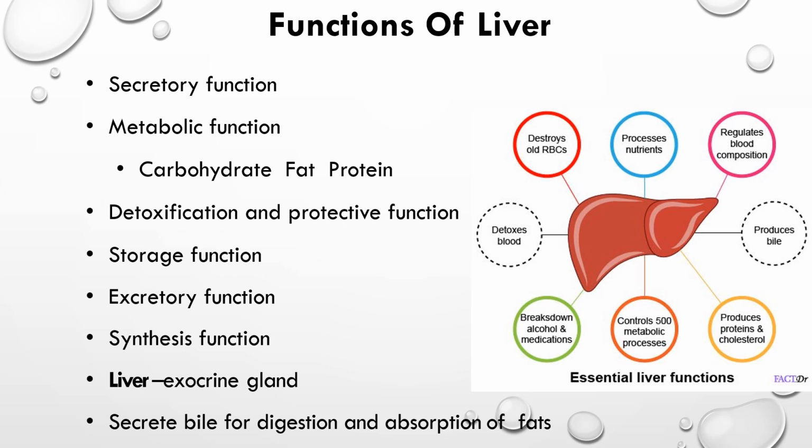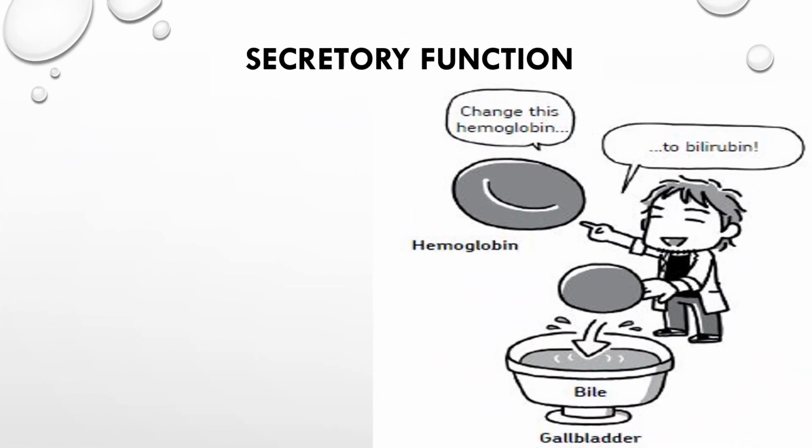The liver is a major exocrine gland, and it secretes bile for the digestion and absorption of fat. For the secretory function, hemoglobin gets converted into bilirubin in the liver and finally into bile, which is stored in the gallbladder and released later into the duodenum.